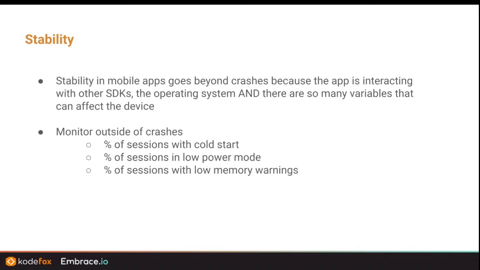So if you have a high rate of cold starts, it may be indicative of the operating system killing your app in the background. You will also get a cold start when a user terminates the app. And there are some people that will force quit an app just out of habit, but you do want to look into whether or not that percentage increases.